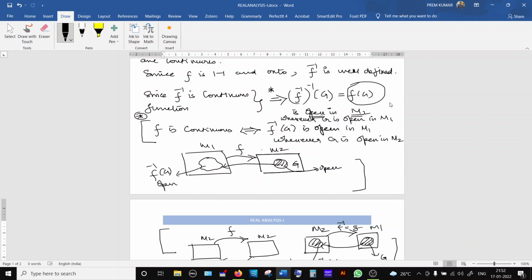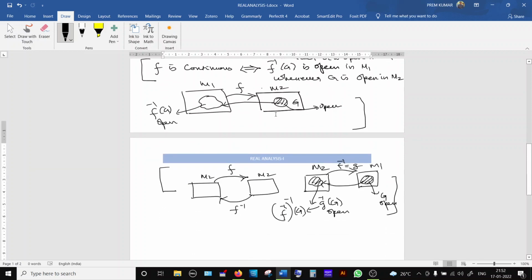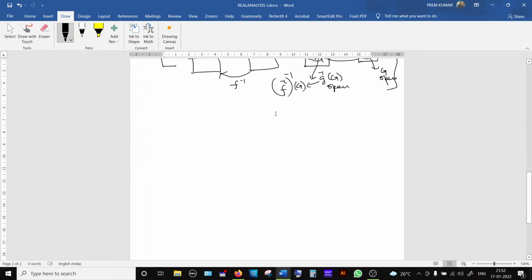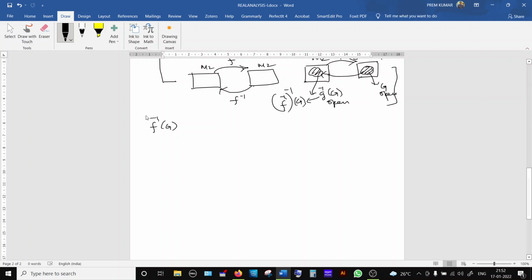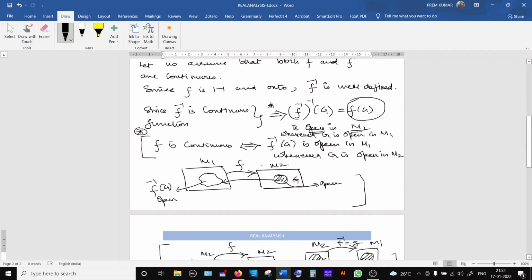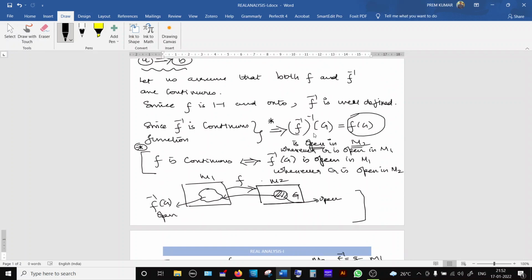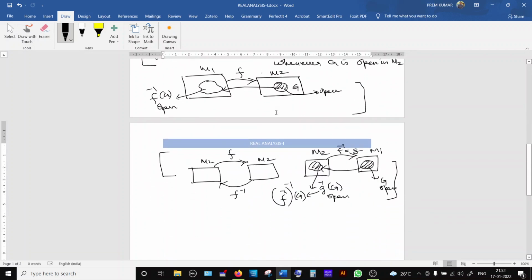Now what did we prove? You see here, that is f of G; f of G is open in M2, we have proved it.